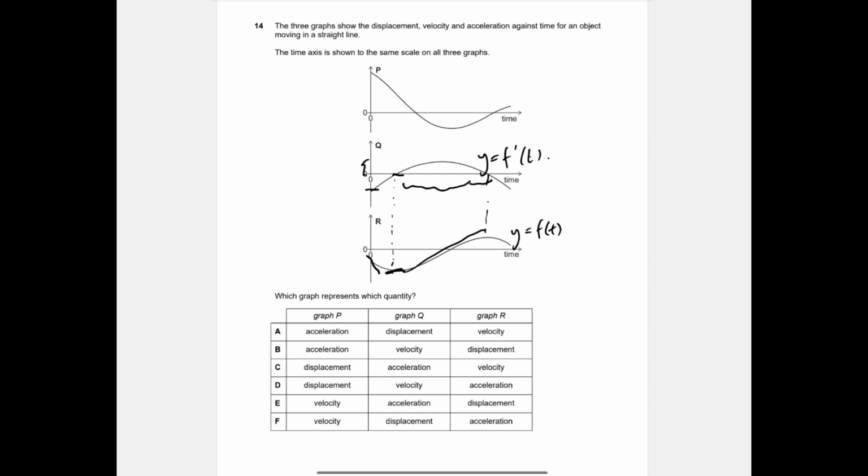Now we just have to find the link between P and the others. So P can either be F double prime of t or the integral of R, in which case R would be the derivative. So let's see which one of the options it is.